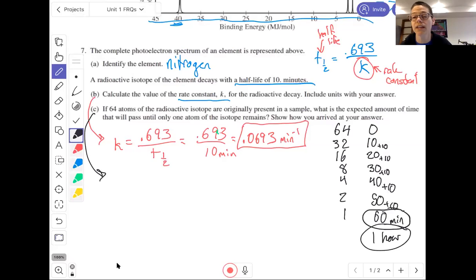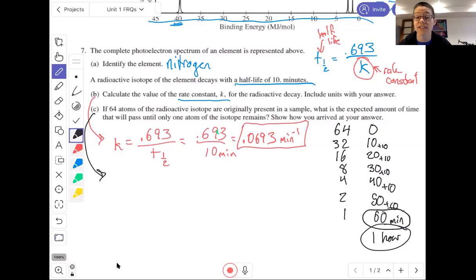The only piece of information that you have here is half-life, so you know that you have to use that. And like I said, when we go over kinetics, the thing I will remind you is that half-life information for us is only going to apply for first order reactions.